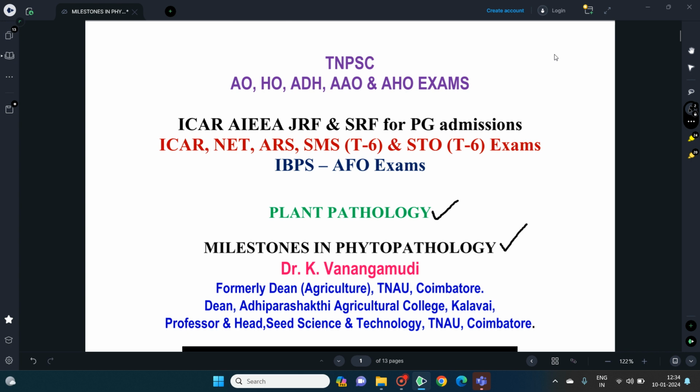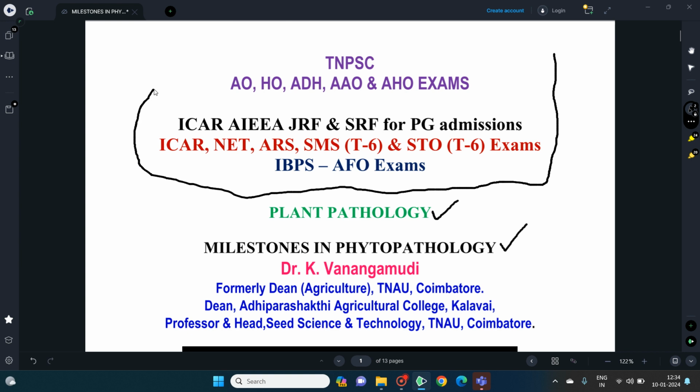This content is highly useful for all the competitive examinations being conducted by the ICAR, Indian Council of Agriculture Research, and state public service commissions, not only the Tamil Nadu Public Service Commission but also the other state public service commissions, which will be recruiting all the agricultural officers and horticulture officers.